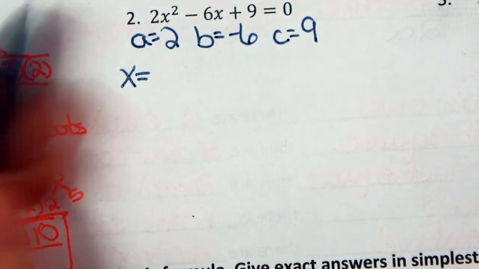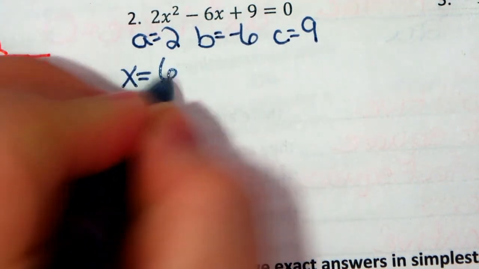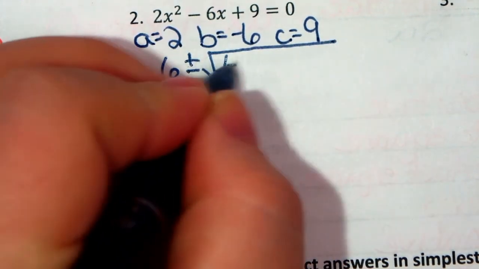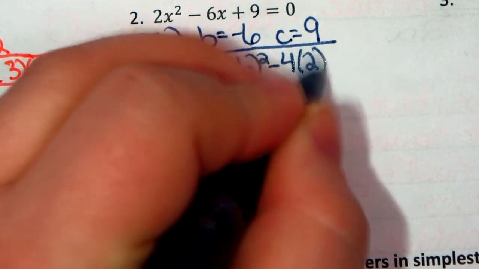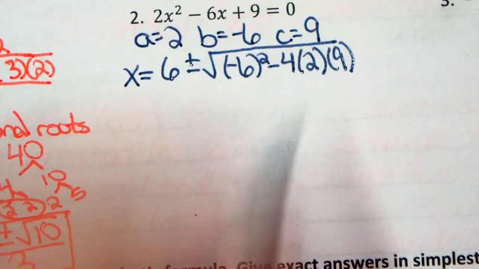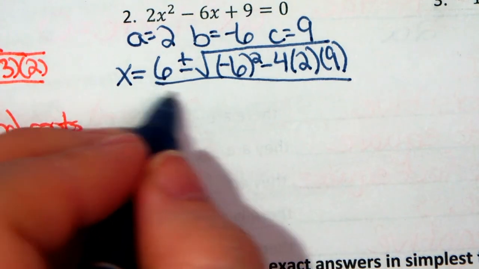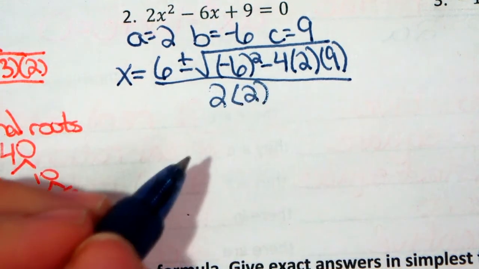X equals negative B, which means this is now positive 6, plus or minus the square root of B squared minus 4AC, all over 2A, all over 2 times A, which is also 2.